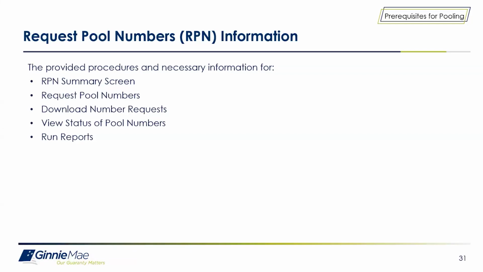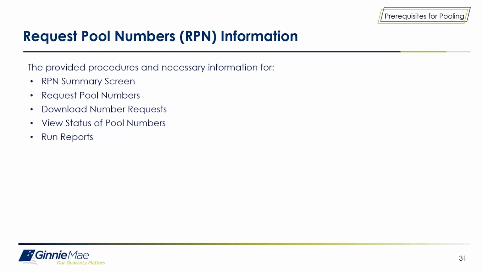And this is just a screen that tells you what the system provides. Again, it's basically some of the same thing as on the other side, but we're talking about the guide itself here. So RPN summary page, request pool number, download, view status, and run report. We're telling you these are available there. Maybe these are not things you will need because you're so much of an expert in the process.